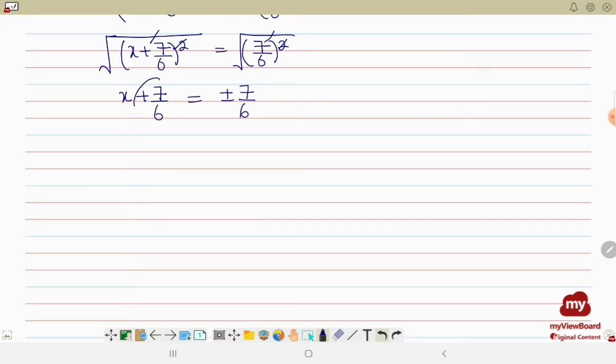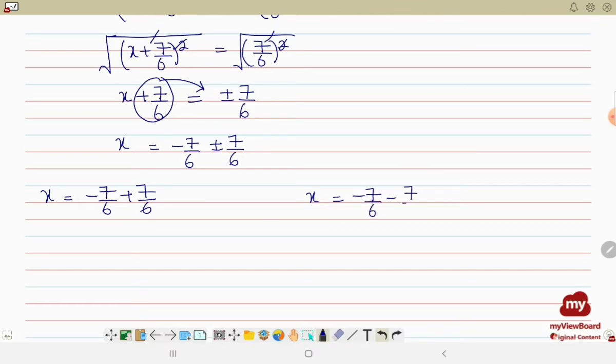Since we just need to find out the value of x, we'll shift this term to the other hand side. So it will become x equals minus 7 by 6 plus minus 7 by 6. We are going to write it separately so that we can easily find out the values, once with the plus sign and then with the minus sign too. These two are same terms with different signs, so that will get cancelled.